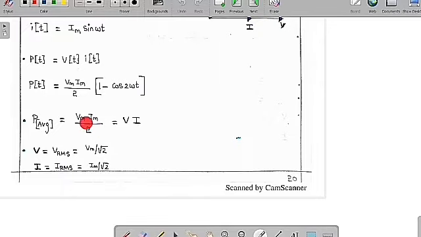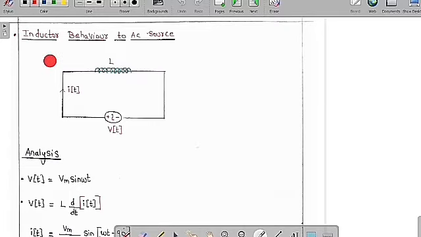This is Vm by root 2 into Im by root 2, which is capital V into capital I, where capital V is the RMS value of the supply voltage, Vm by root 2, and capital I is the RMS value of the supply current, Im by root 2.